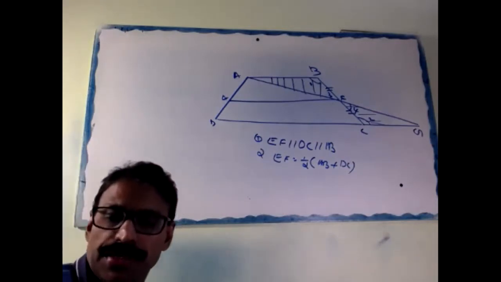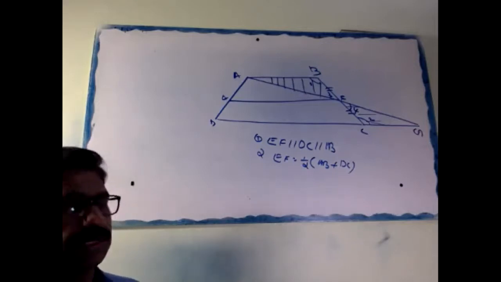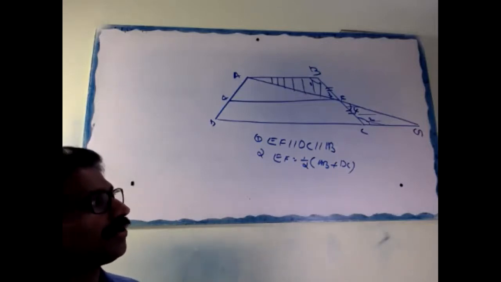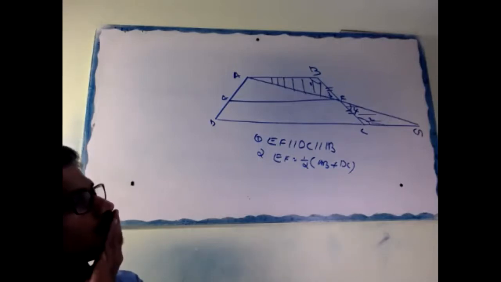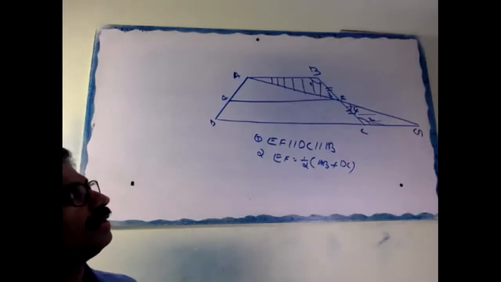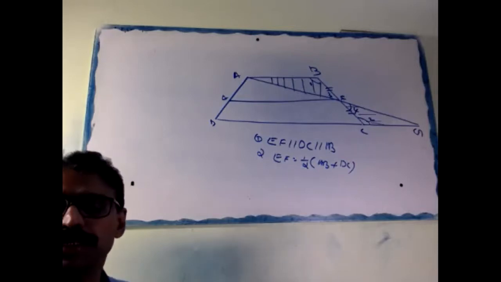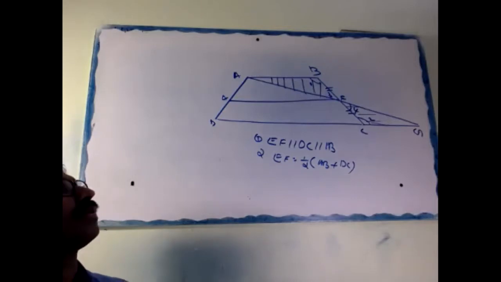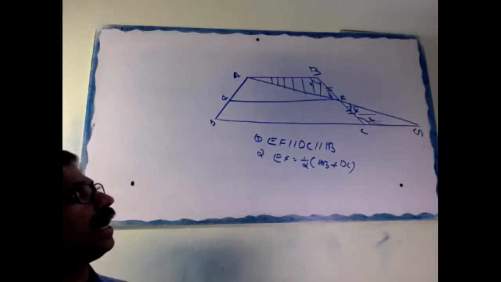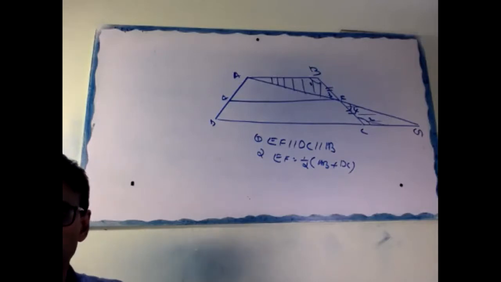By ASA congruency, hence AB equal to CG and AF equal to FG, by CPCT. Check up to here.